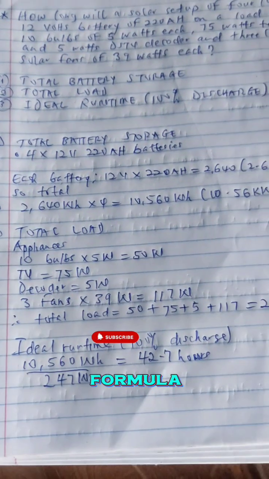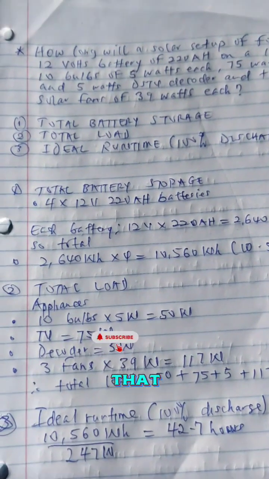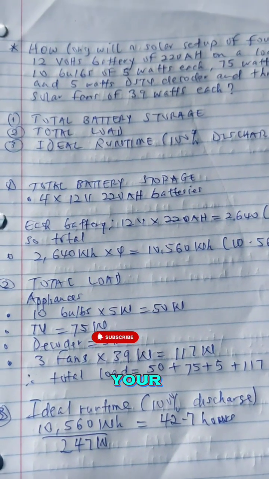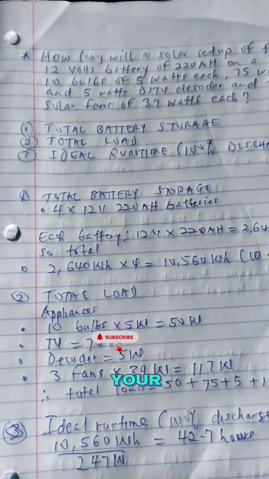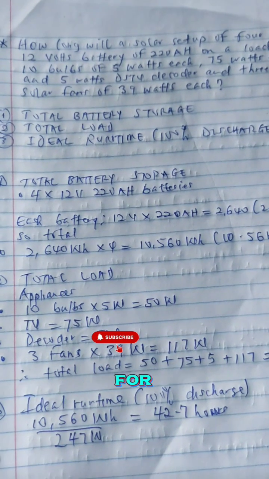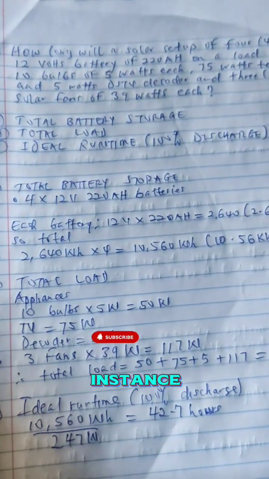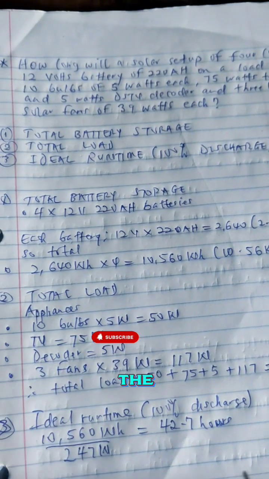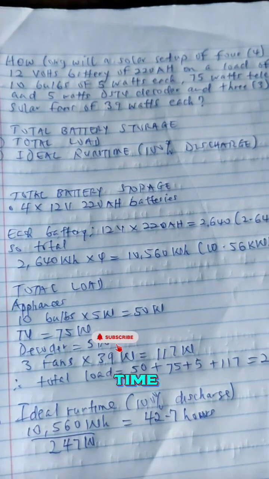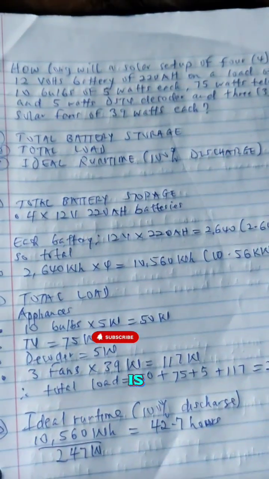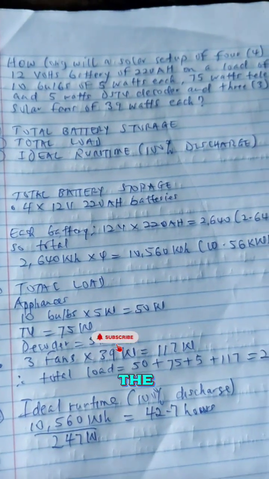So just look at the formula and look at the system that you have. Encourage people in your house, people that are using your appliances, to know how to use it. So know how many loads you are using. This calculation, for instance, is typical for where you want to run the load at night, because at that time the sun is not charging, so you are only using what is in the battery.